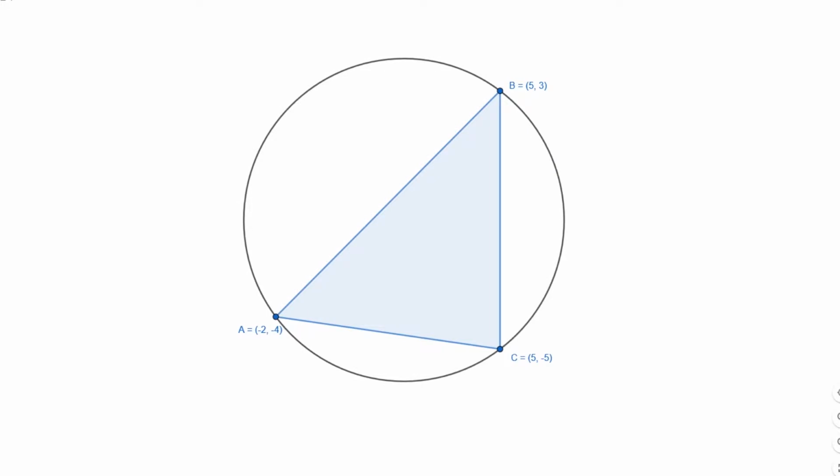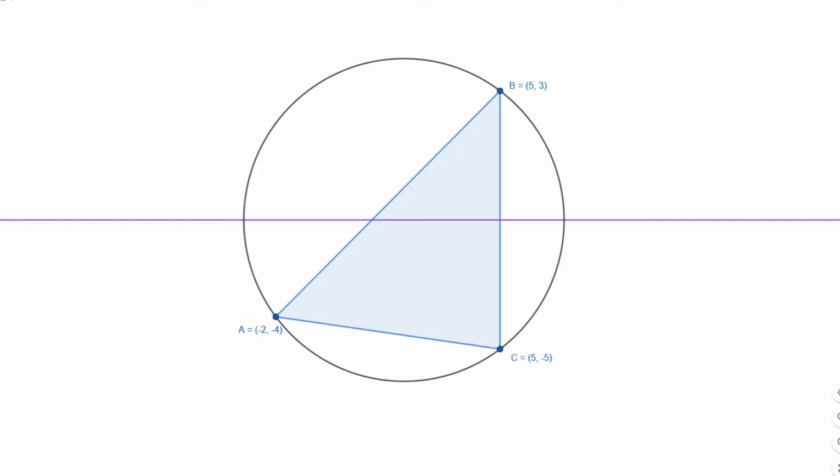Let's begin by considering the perpendicular bisector of the chord BC. In this case, there's no need to go through a large formal method to find the equation of this perpendicular bisector. We can see that the points B and C lie on the same vertical line with equation x equals 5. Therefore, the perpendicular bisector is a horizontal line with the equation y equals some constant.